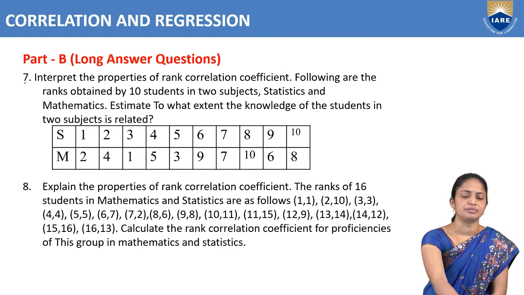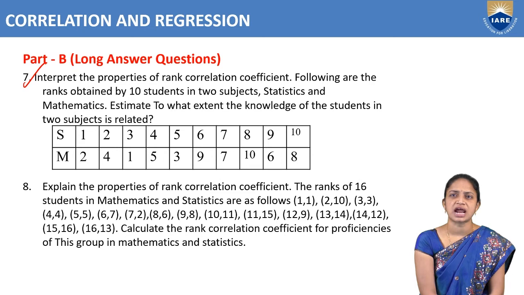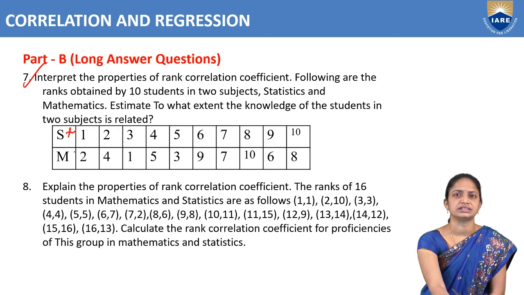So now next coming to the next question, interpret the properties of rank correlation coefficient. Following are the ranks obtained by 10 students in two subjects, statistics and mathematics. Estimate to what extent the knowledge of the students in two subjects is related. Let us consider this is x, this is R1, rank 1, and this is R2.